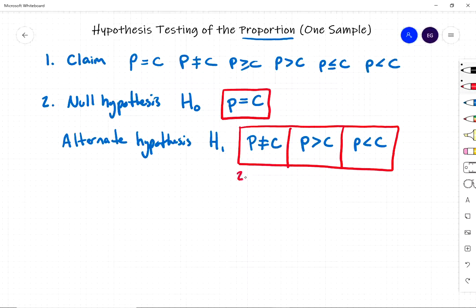And that's going to be a two-tailed test. And if the alternate hypothesis is greater than or less than, it's going to be a one-tailed test. So if it's greater than, we're looking at a right-tailed test. And if the alternate hypothesis uses the less than symbol, it's going to be a left-tailed test.